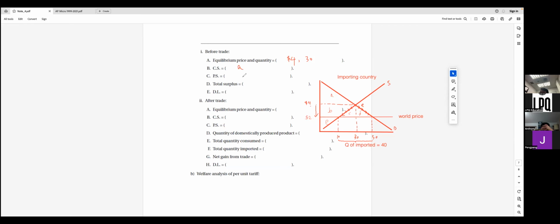Only A. Producer surplus is B and E. So total surplus, you just add up CS and PS together, so A, B, E. Do we have a deadweight loss? When there is no governmental intervention, do we have any deadweight loss?